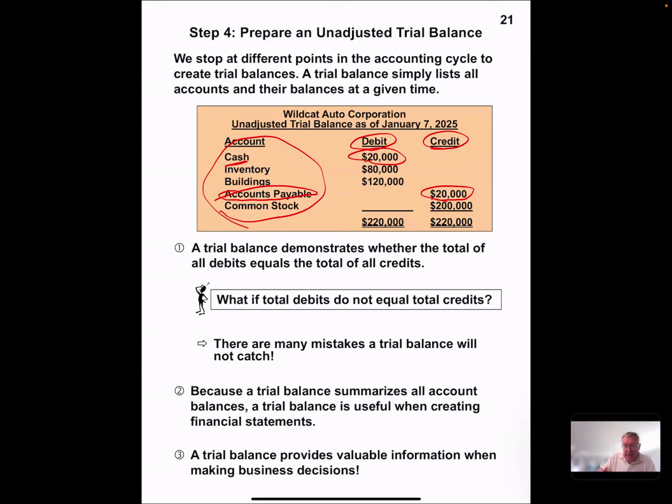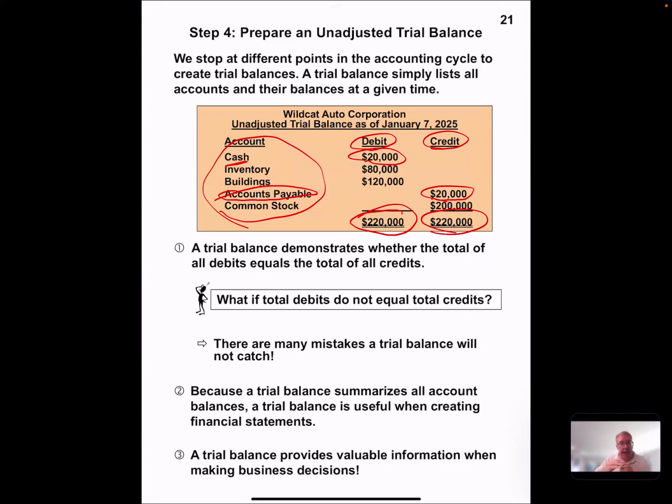So you do this for every account. Then we add up the debit column, add up the credit column, and these two numbers have to equal. I'm not saying they will equal when you do your first unadjusted trial balance, but before you can go any further, you've got to make sure that these two numbers equal each other. And really, if you've done everything correct, if you started with everything okay, and this is a brand new business, so everything was at zero.